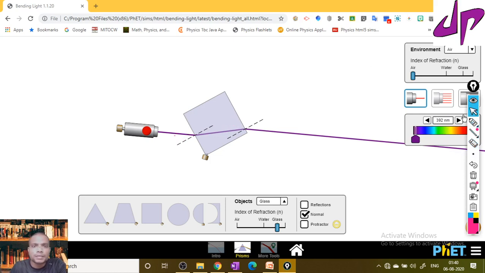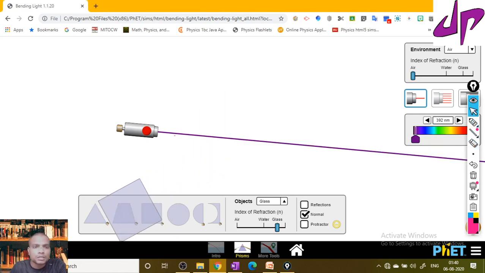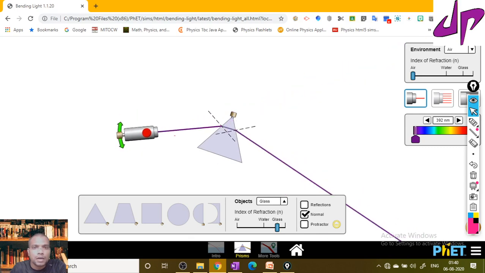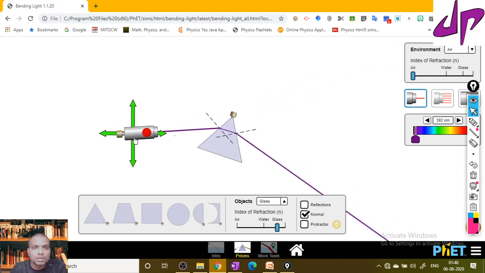Suppose I change my object, so here I will take the prism. Suppose you can rotate the prism at an angle to help you understand. So this is the angle which I have chosen.